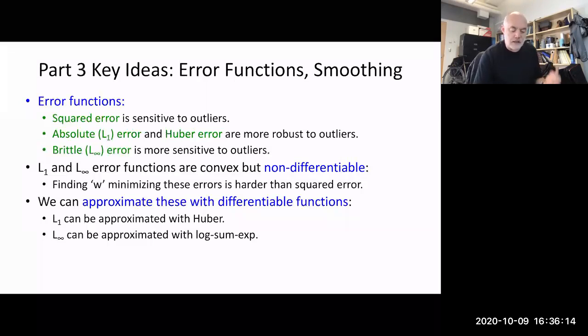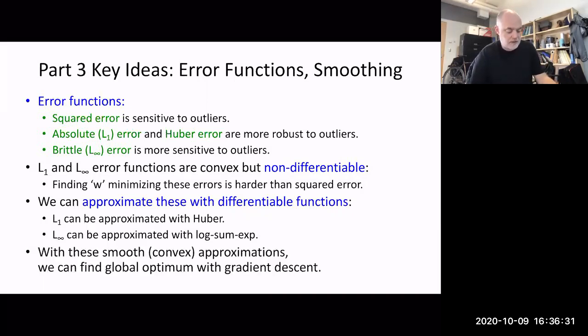L1 and L infinity by themselves are convex but non-differentiable, and learning model parameters by minimizing those errors directly is harder than learning the model parameters under the squared error. But we can approximate these with differentiable functions, Huber and log-sum-exp. This one in particular, you really want to jam it into your head. It's an important one. With these smooth convex approximations, we can find the global optimum with gradient descent and a minimizer.